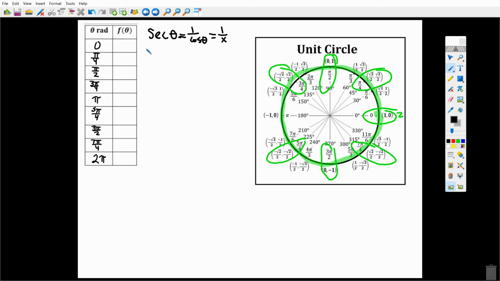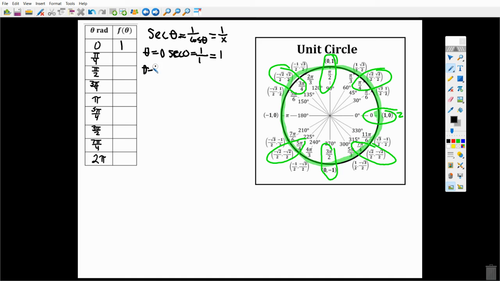So therefore, at 0, secant, I keep writing theta. Secant at 0 equals 1 over the x value at 0. So here the x value is 1, and 1 divided by 1 is 1. So at 0, secant is 1.